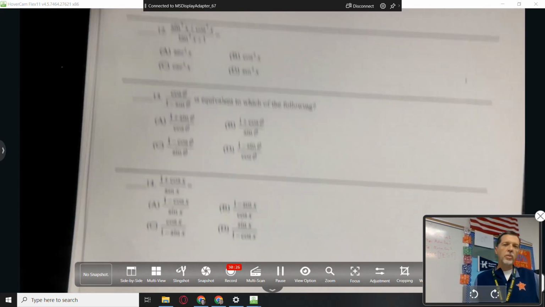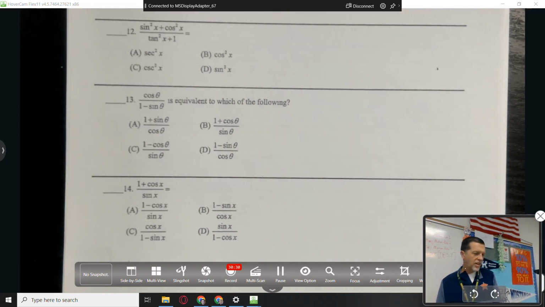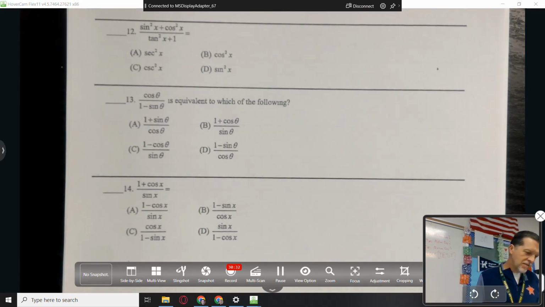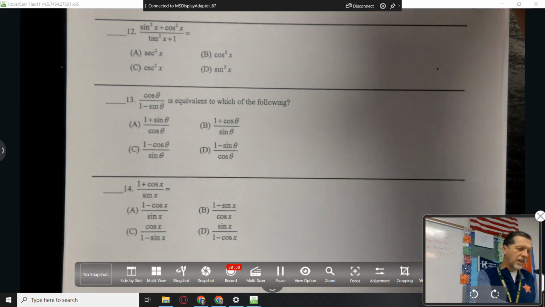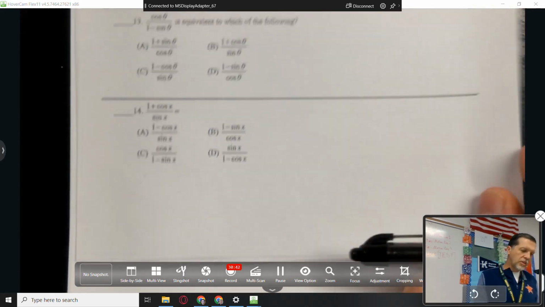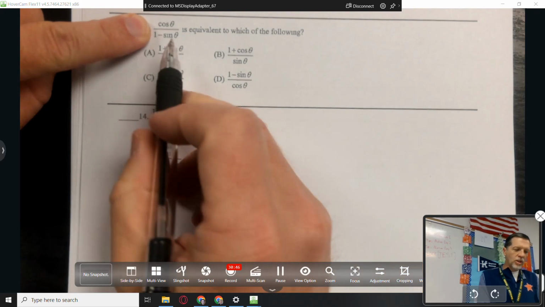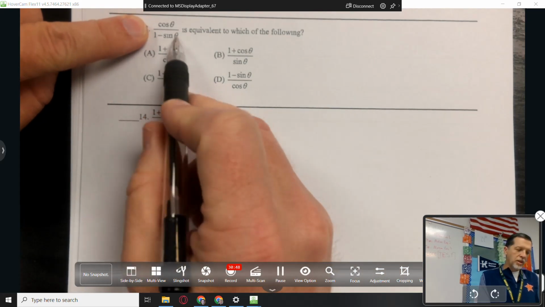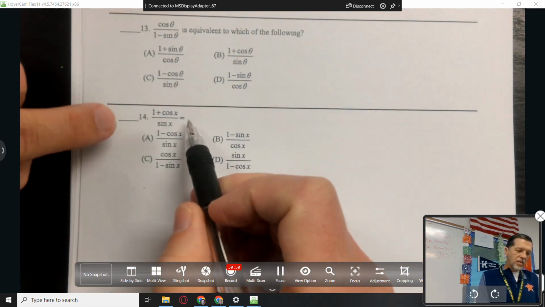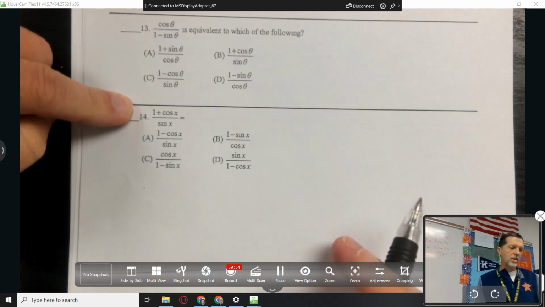So where do you see conjugate issues probably going to show up? Well, number 10 already is a conjugate, so we multiply that out and see what we get. But then 13 and 14, the only way that's going to fix is if I multiply top and bottom by conjugate. Same with 14. I'm going to fix that by multiplying top and bottom by conjugate.